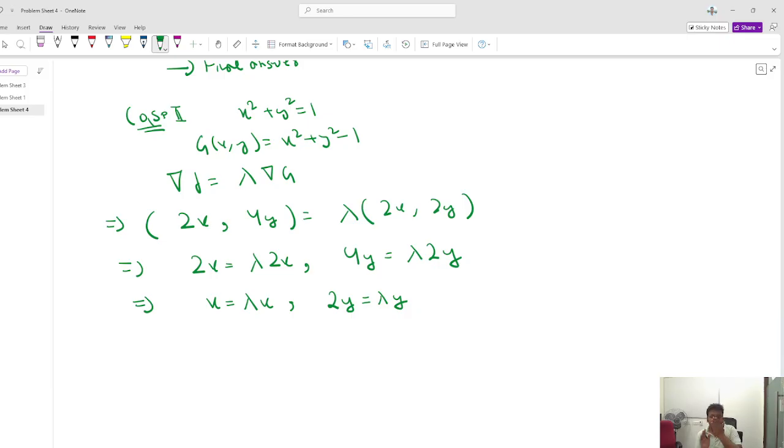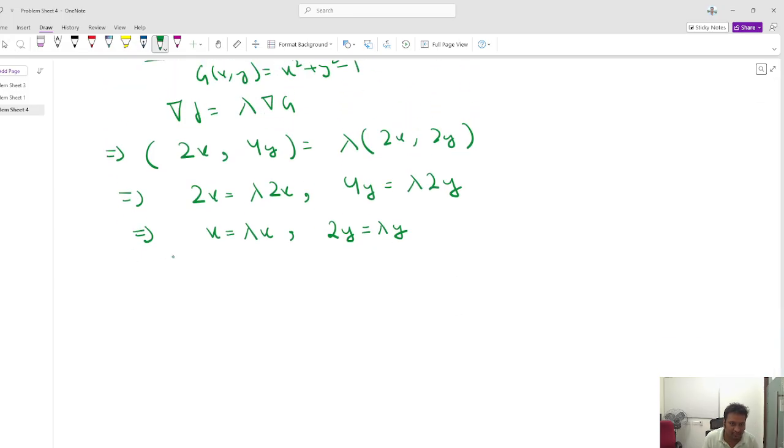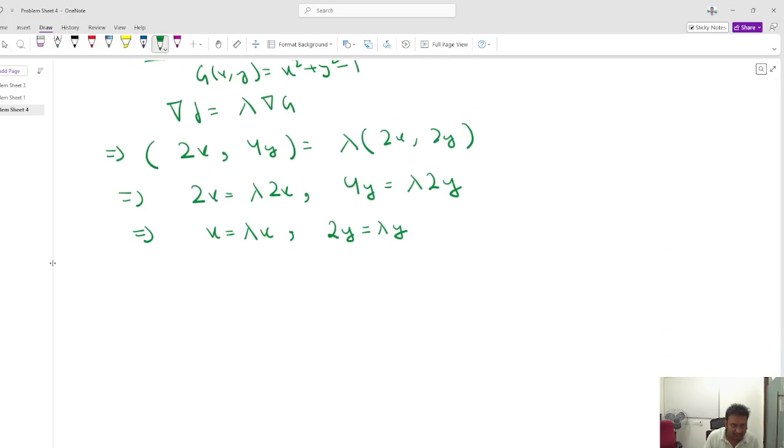Now, guys, here is the thing. You should always have this condition that (x, y) lies on this circle. So what you should have is x square plus y square equal to 1. So if you try to do from here, this will give you lambda square x square plus lambda square by 2 plus this y square.